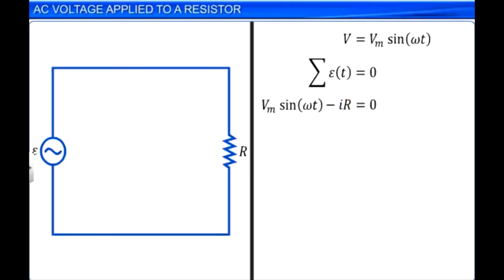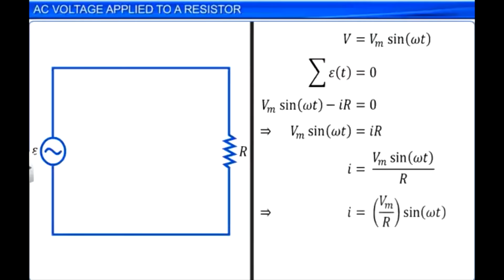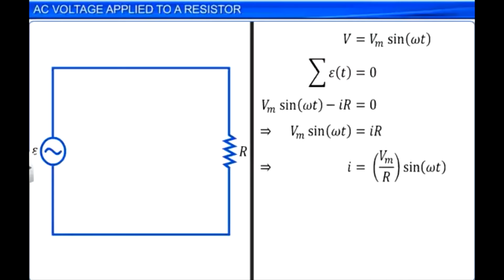Solving this equation, we get the expression for current as I is equal to Vm by R into sin omega t. As the magnitude of the resistance of the resistor R is a constant, the equation is simplified to I is equal to Im sin omega t.